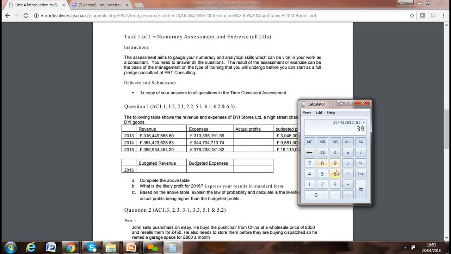My calculator is giving me trouble. Yes, divided by 3, 5, 4, 4, 2, 3, 6, 2, 8.